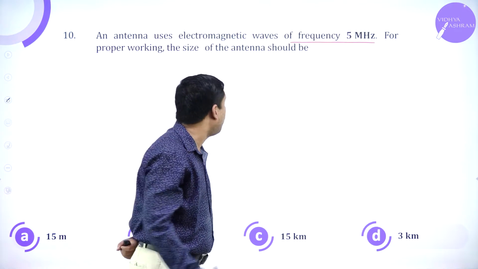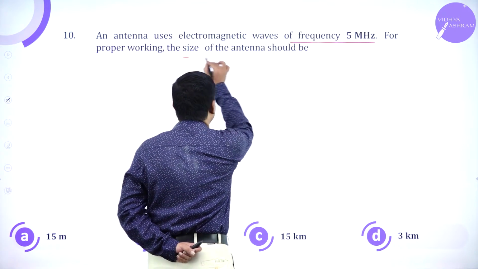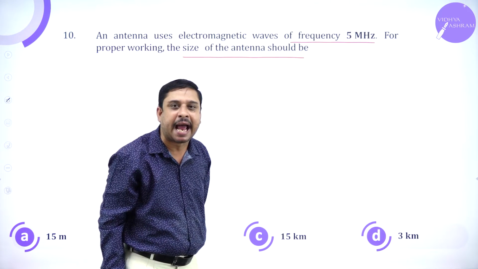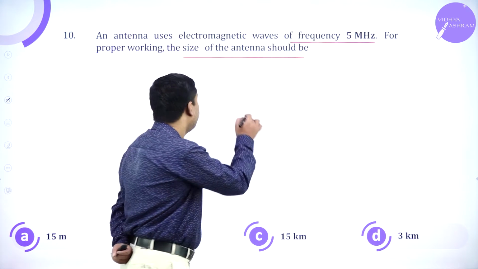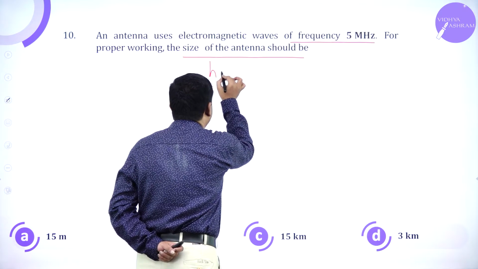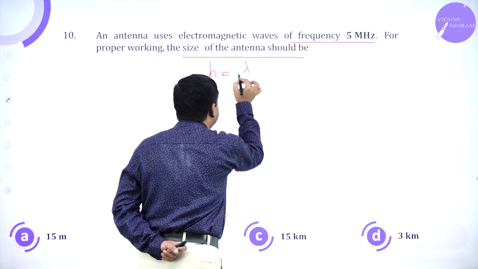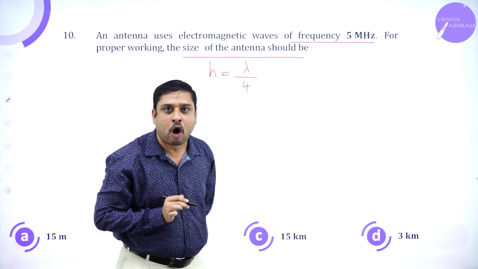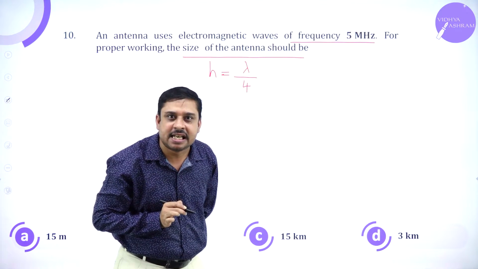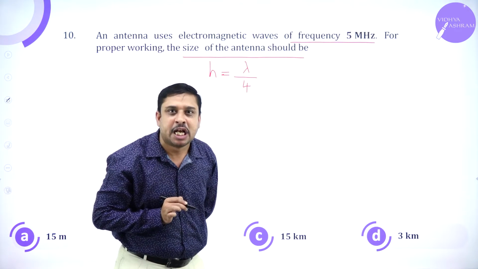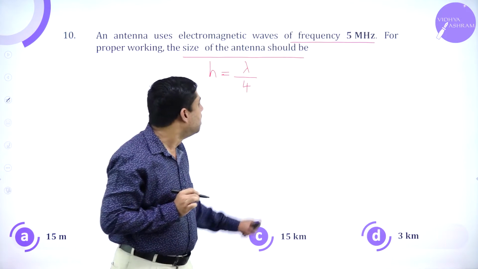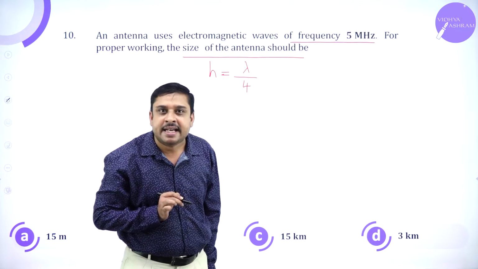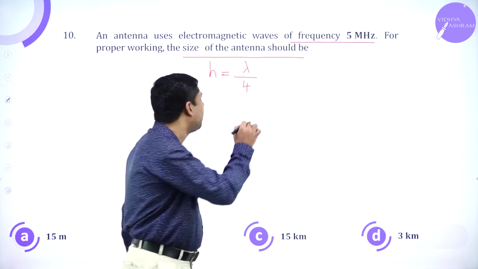For proper working, what should be the size of the antenna? So we know the expression h is lambda by 4. For proper working of an antenna, its height should correspond to lambda by 4, where lambda is the wavelength.